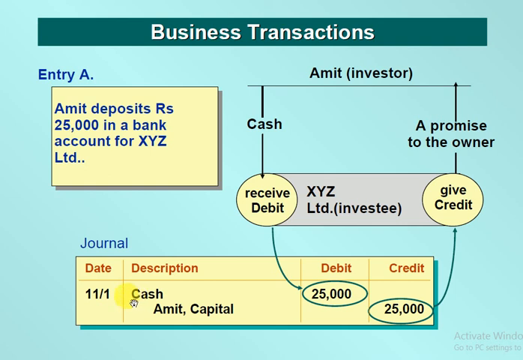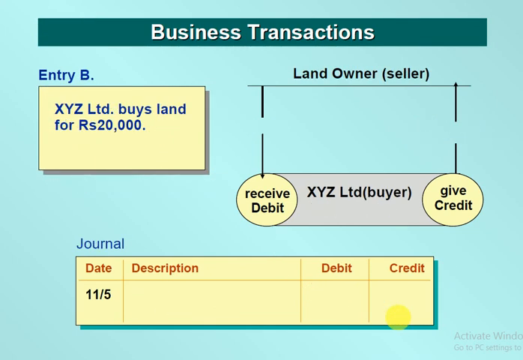You will record this from the extreme margin of the description column. This is the real account, this is the personal account. One is debited, the second one is credited. According to the rules of debit and credit, increase in asset will be debited, increase in liability will be credited, right? Look at the next transaction.